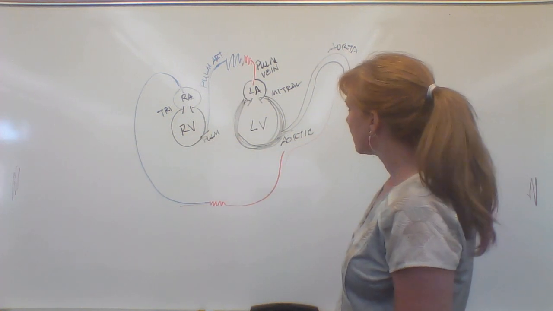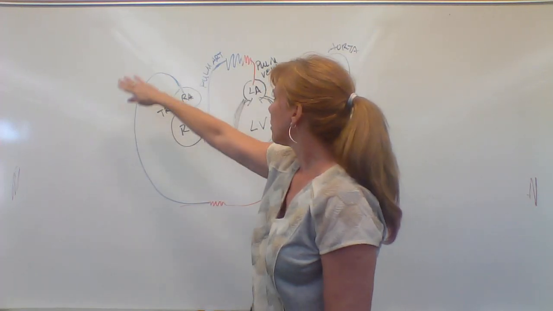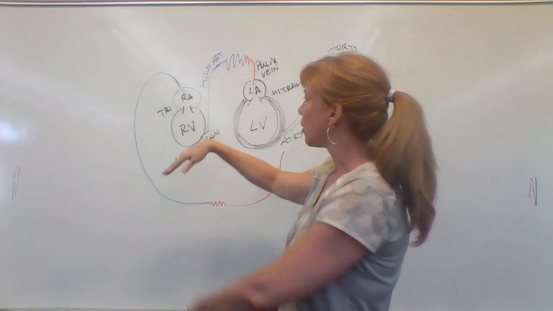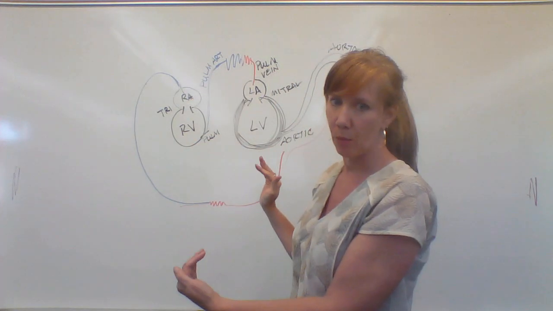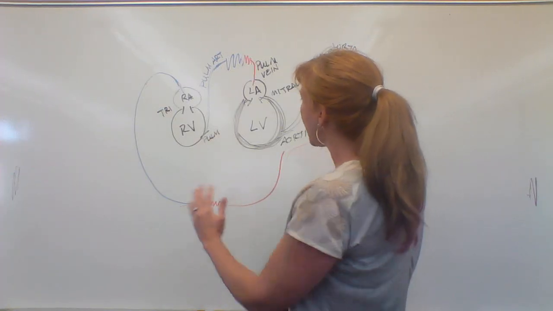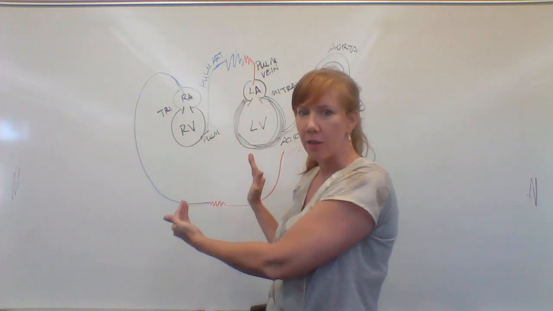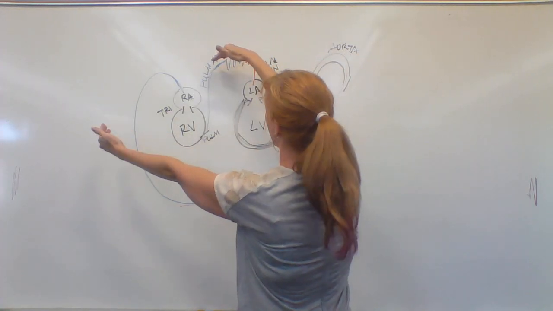All right. So we got the blood coming from your body, falling in through the RA. So during diastole, the valves are open. The AV valves are open. So during diastole, filling should be occurring on both sides of the heart simultaneously. So we got blood coming in from the lungs and from the body.